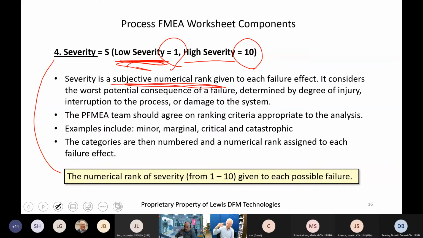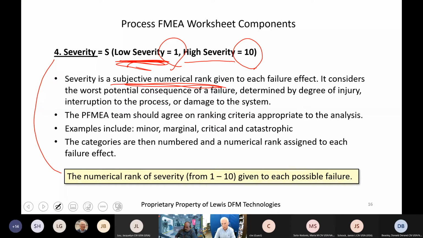And if 2 of us think it's a 10 and 2 of us think it's an 8, then we compromise and we have to come to an agreement. So we try to remove some of the subjectivity and opinions from creating that rank and make it more objective, so that there's some rationale and there's some data that drives the selection of the severity number.